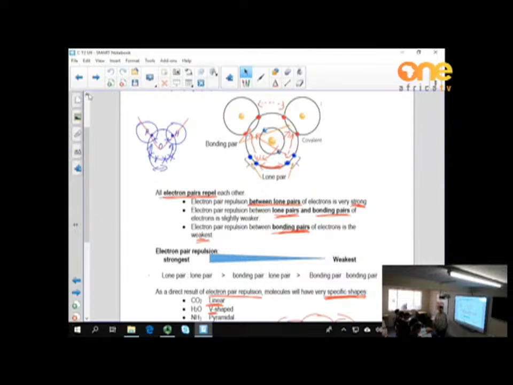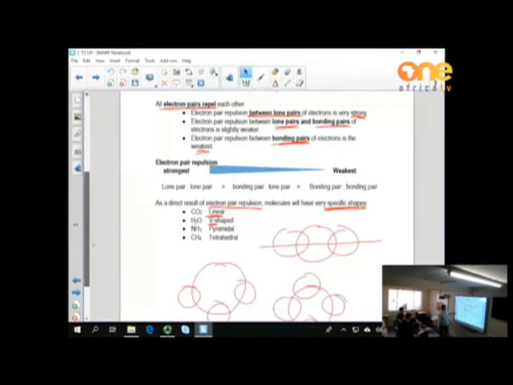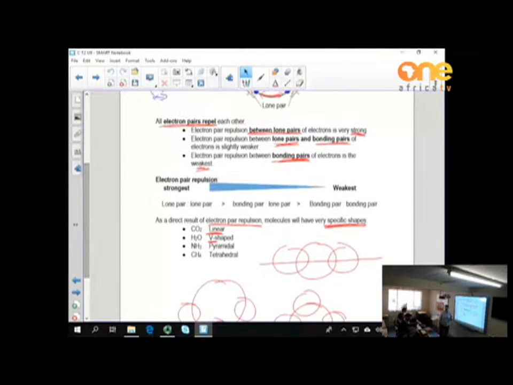Last session, we had a look at the different shapes that molecules can have. And we said, just very basically, just to recap, we said that the covalent compounds can be divided up into specific shapes, depending on how many bonding pairs of electrons and how many lone pairs there are on the center atom.